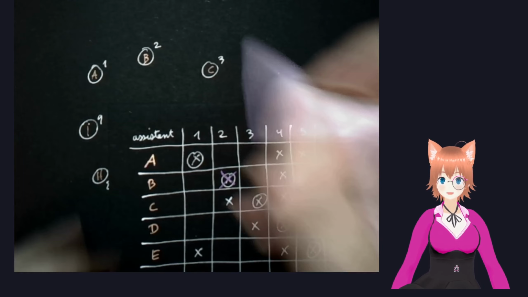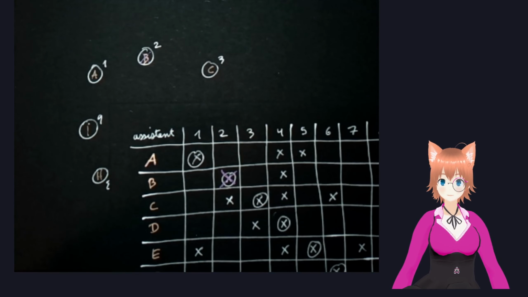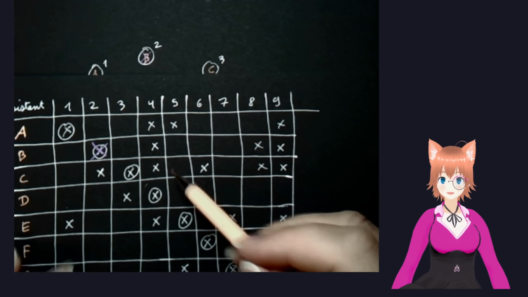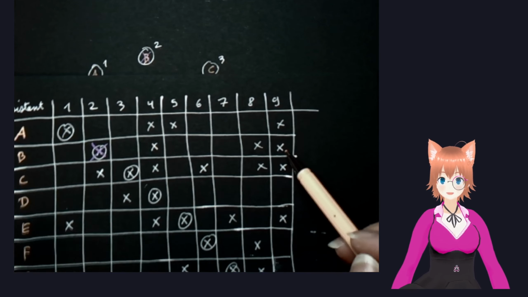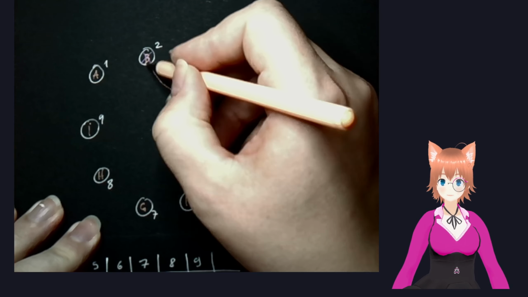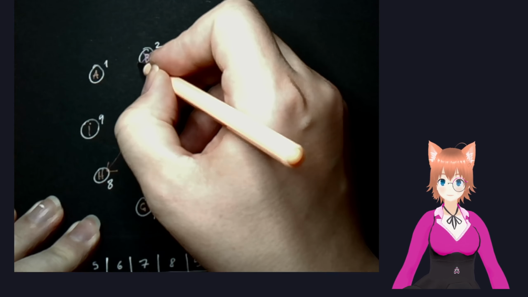Again, B cannot be in 2. Instead, B can go to 4, 8 or 9. So let's draw the arrows, 4, 8 or 9.